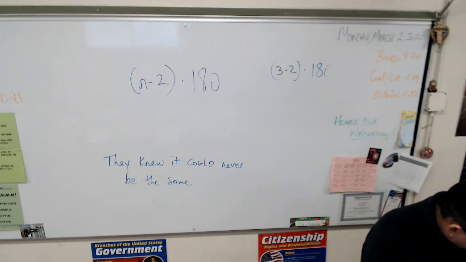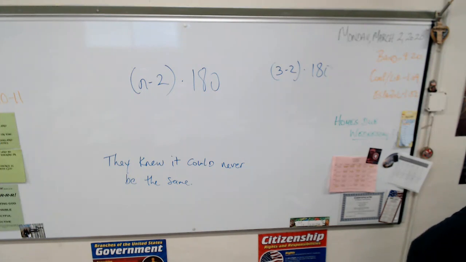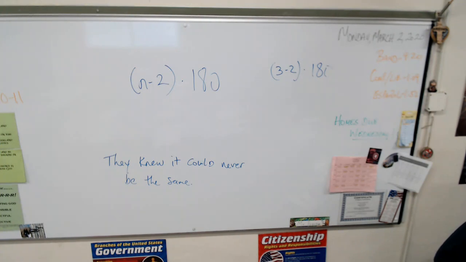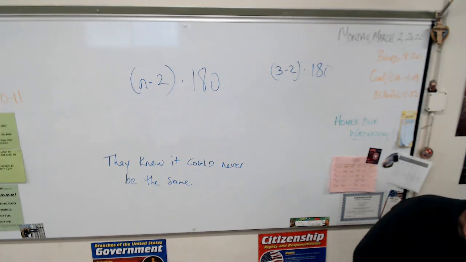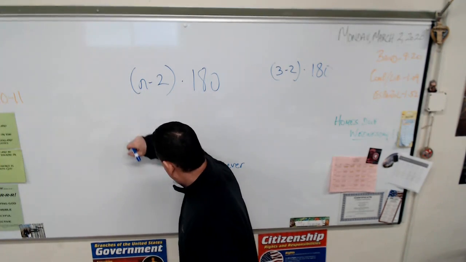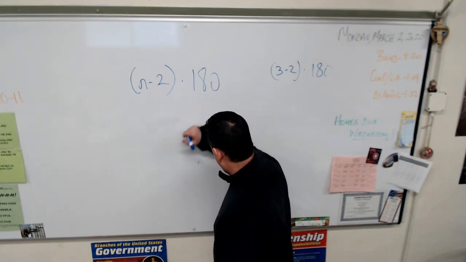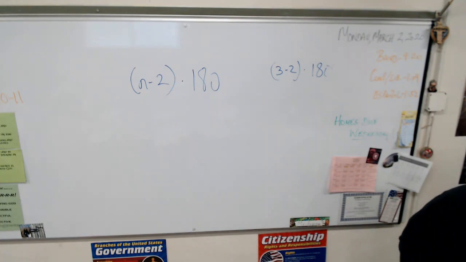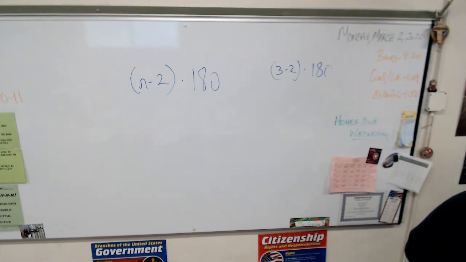How about number 22? Anybody? What'd you get for x? Kiara? 60? Did you get 60 like Kiara did for x? No? If you didn't, here's maybe why. What do we call that shape?